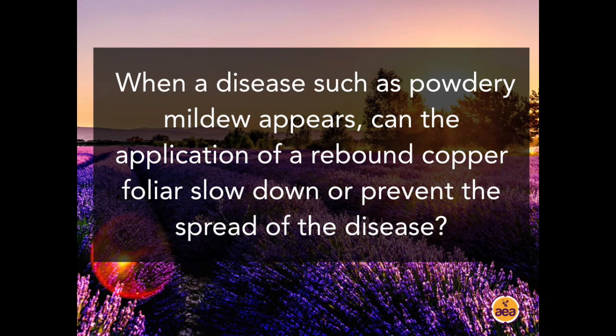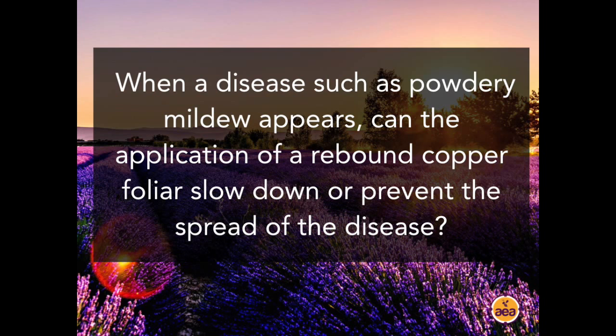Generally, it was not just one trace mineral. It would be a combination of zinc and manganese and copper and boron and whatever was indicated, preferably based on sap analysis, but sometimes based on experience. And they were able to completely stop a disease that had already begun expressing itself and was becoming very, very virulent. So yes, it is possible to use plant nutrition to prevent the spread of disease.